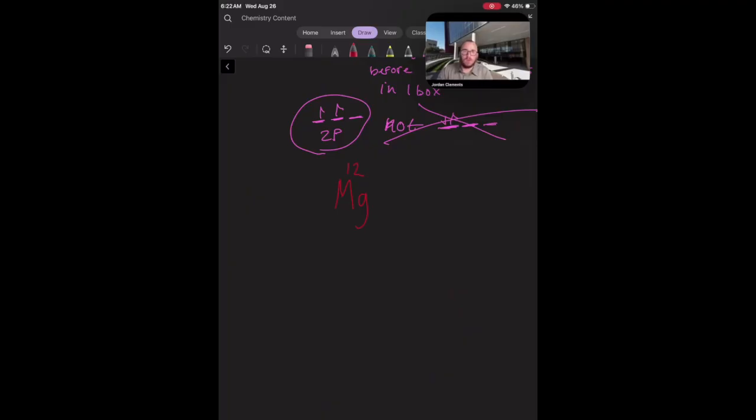Magnesium is going to have 12 electrons. So we would fill first. Let's notate we have 1s, and then we go to 2s, and then we go to 2p, and then we go to 3s.